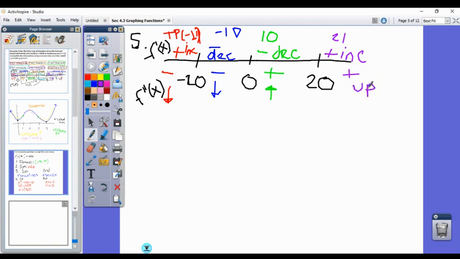All right, so from this number line, I can then identify my local max, my local min, and any inflection points. Okay, so we have a local max when it's increasing and then decreasing, so that happens at negative 20.